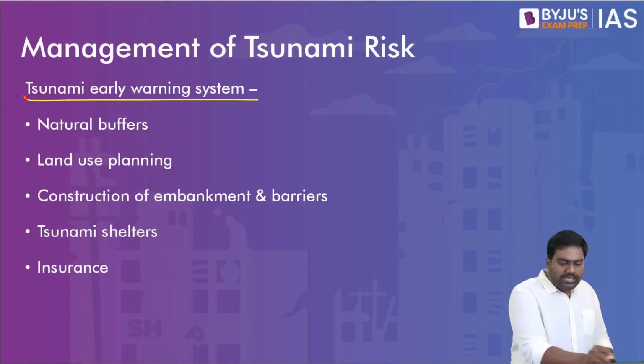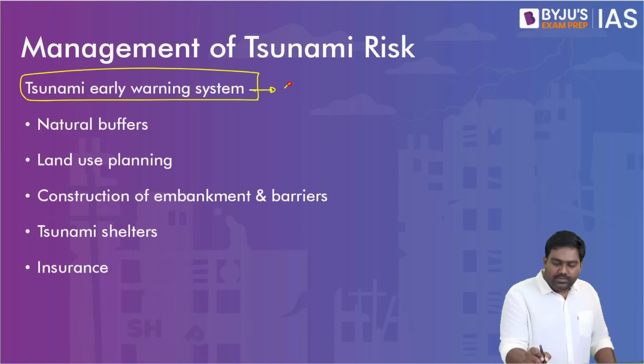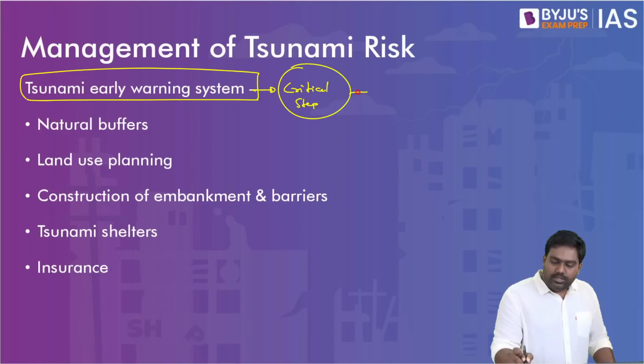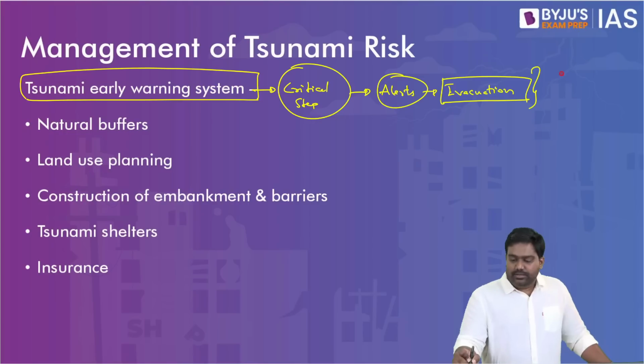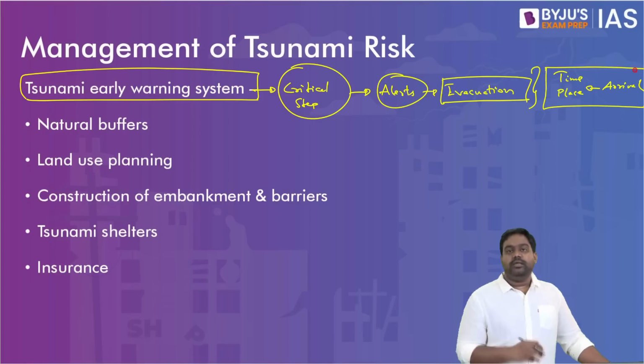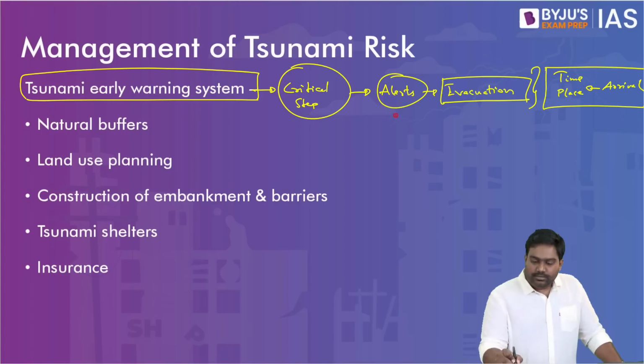So, the tsunami early warning system is a critical step because once the alerts are sounded, it will help in immediate evacuation of the people. Since we can estimate the time and the place of arrival of the tsunami wave across that entire coastline, immediate alerts can be sent.